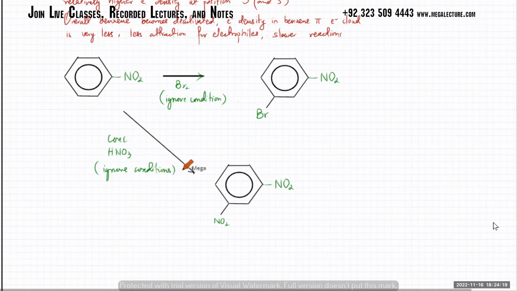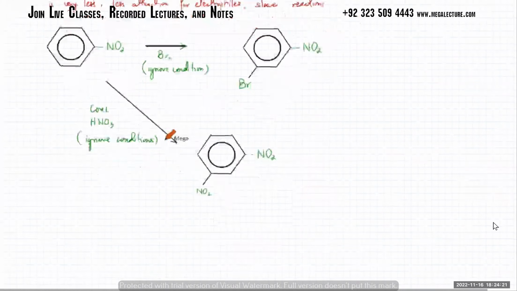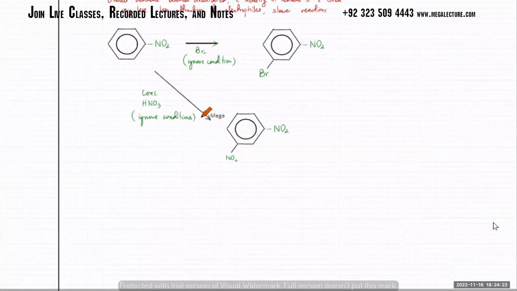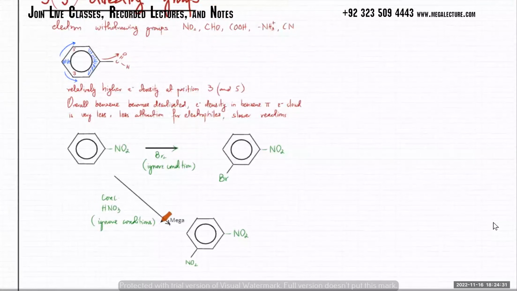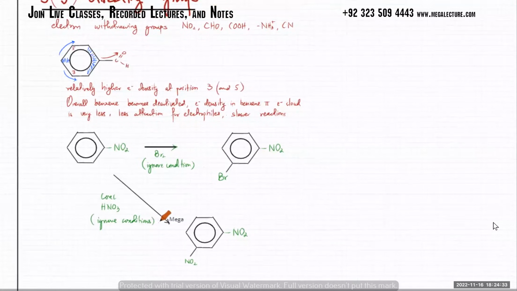You don't need to learn the conditions. Just know that if they ever give you a 3,5 directing group, make sure you put the electrophile in the right position.